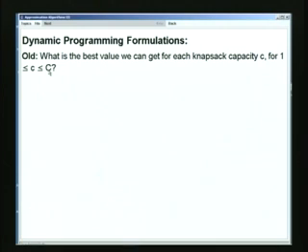If you remember the dynamic programming algorithm which we studied long ago, it was doing exactly this. For each value of little c between 1 and capital C, it calculated what is the best value we can get. So basically the question was, for a fixed capacity, what is the largest possible value we can get?